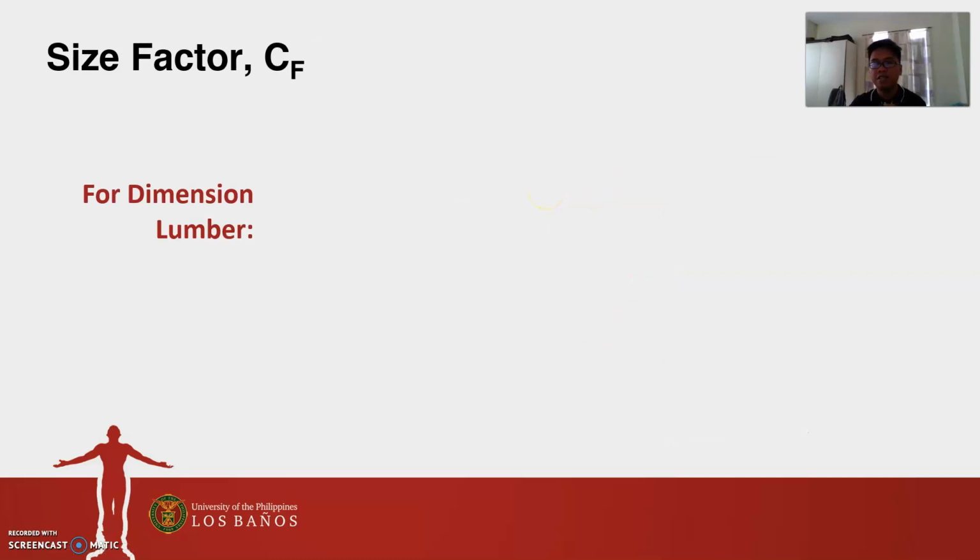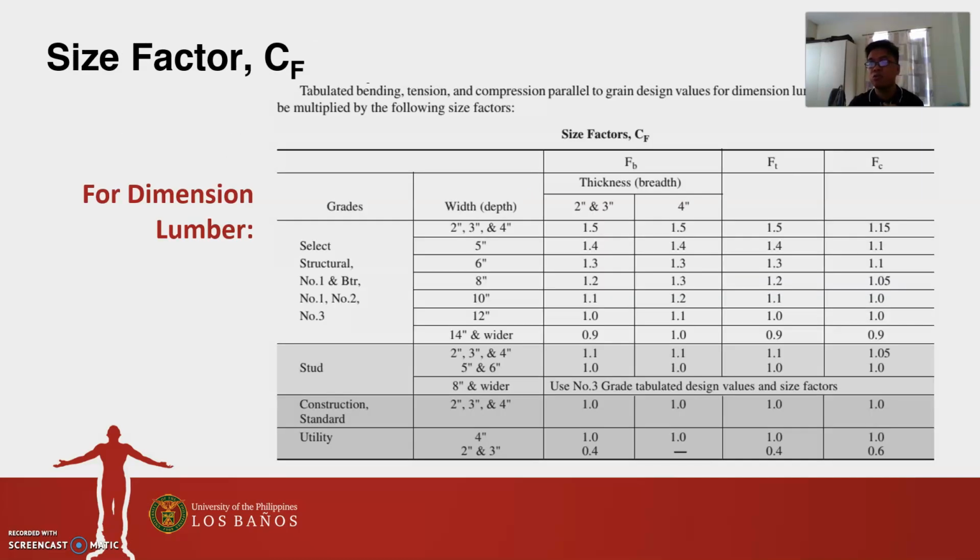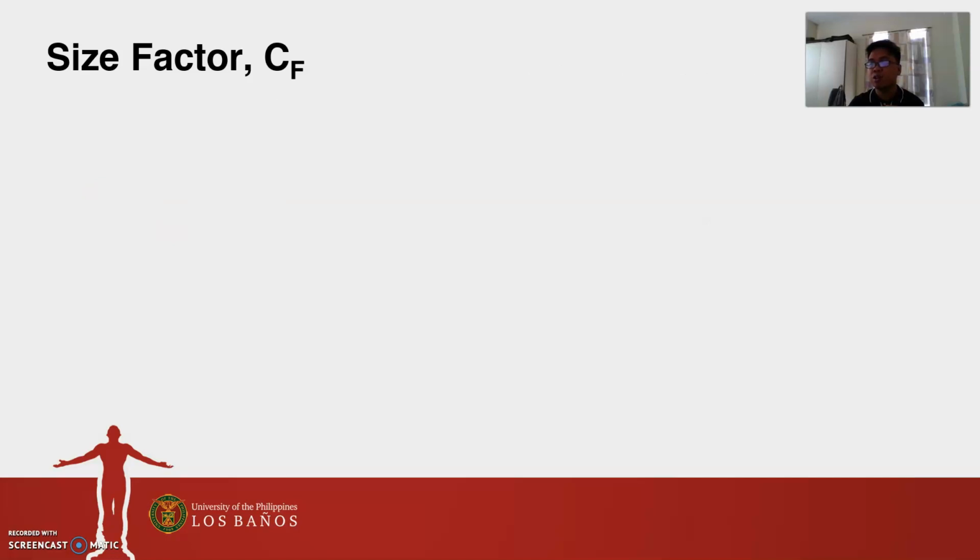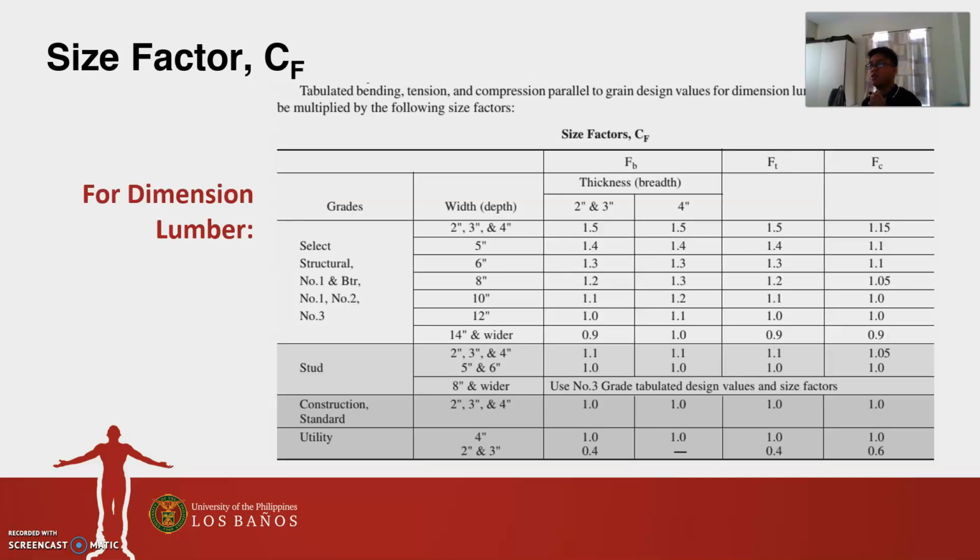Next is the size factor, and we will divide it into two: for dimension lumber and then for timber. So for now, I will have to say that as the depth of wood increases, the strength is reduced, but we will understand it in the next chapter. Okay, so you can notice here that when the size is smaller, say you have a thickness of 4 inches by 5 inches depth, then you have a size factor of 1.4.